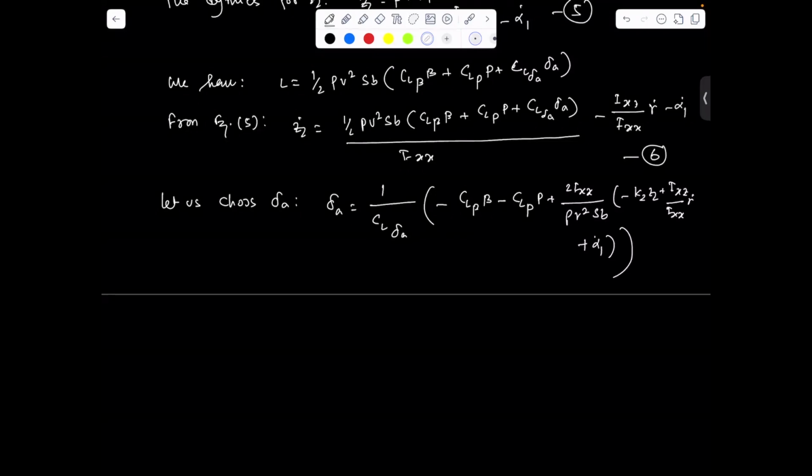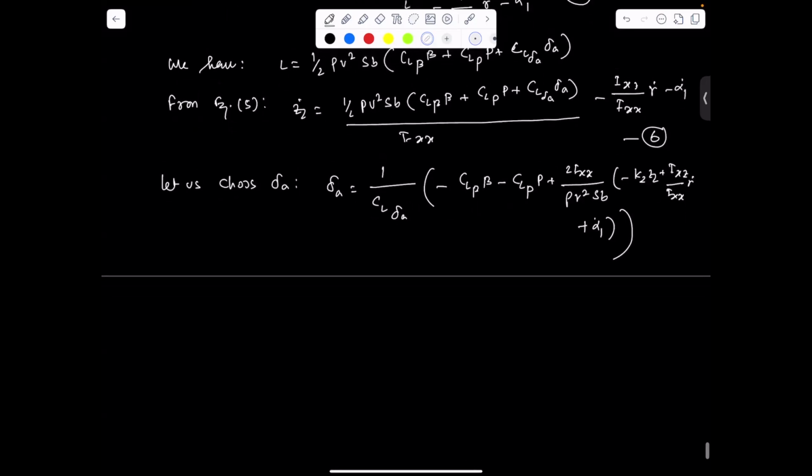So this is the expression for delta A, and if you substitute this delta A in equation 6, we'll have stable dynamics for G2 dot. So let us define this as equation number 7.